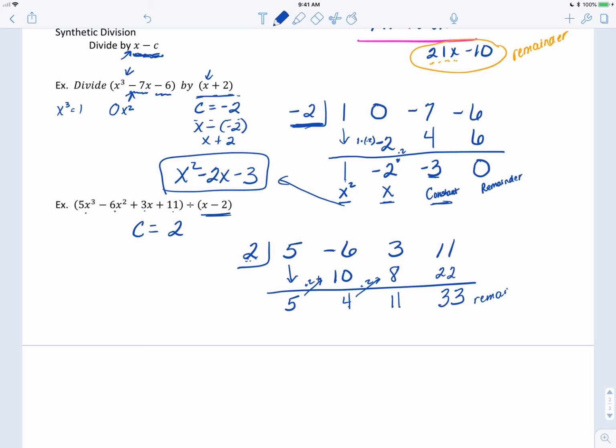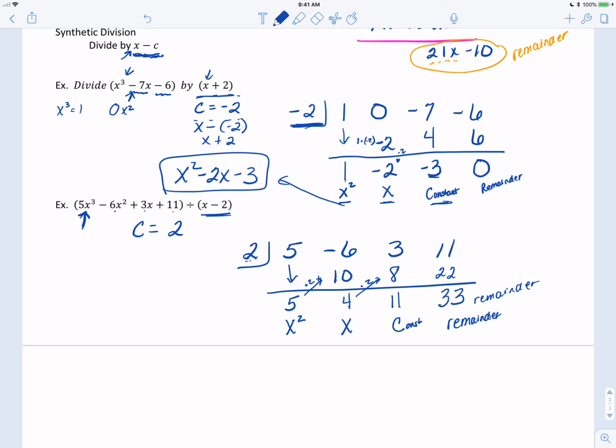All right, so again, we started with the x cubed term, so this has to be an x squared term. So x squared, x, constant, and then a remainder.